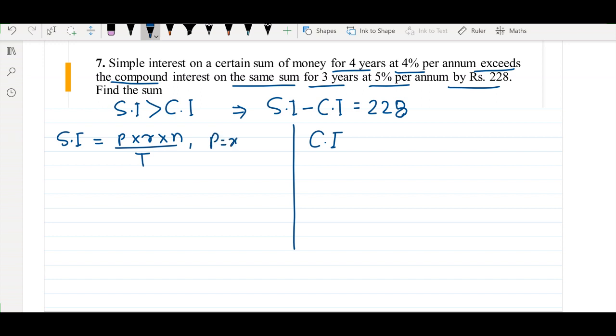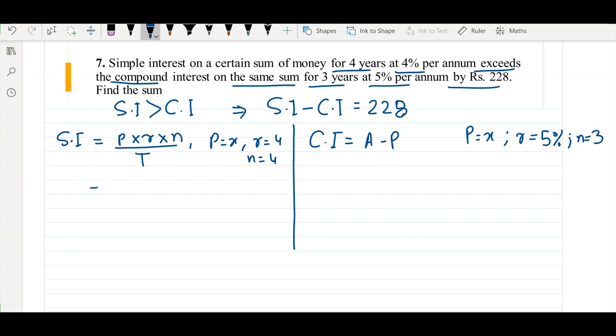Let P be x, R is 4 and T is also 4. For CI it is A minus P, and P is the same, a certain and the same sum, so it means x only. R is 5% and n is 3 years.